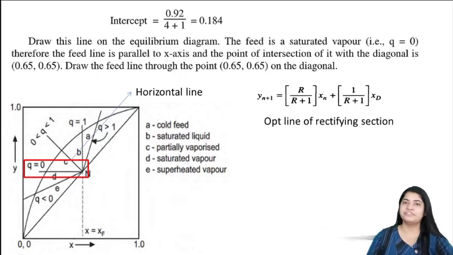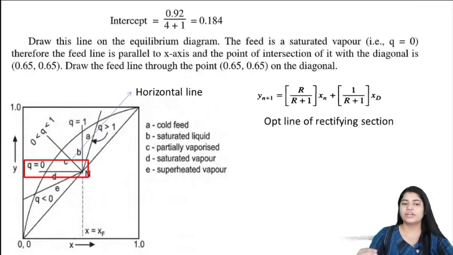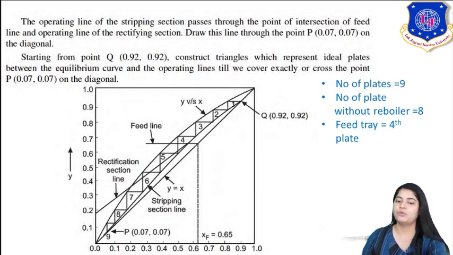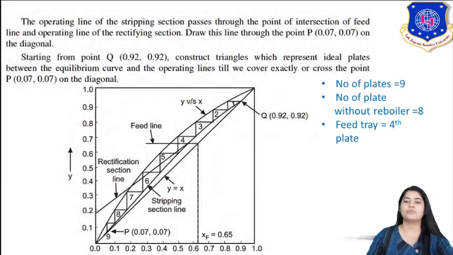You have been given the feed condition: see here, feed condition xF is 0.65. So locate the point 0.65 on the diagonal. Here you can see that xF equal to 0.65 is your feed point, and Q point is the intersection point of the rectifying section and the diagonal. Now the operating line of the stripping section passes through the point of intersection of the feed line and the operating line of the rectifying section.